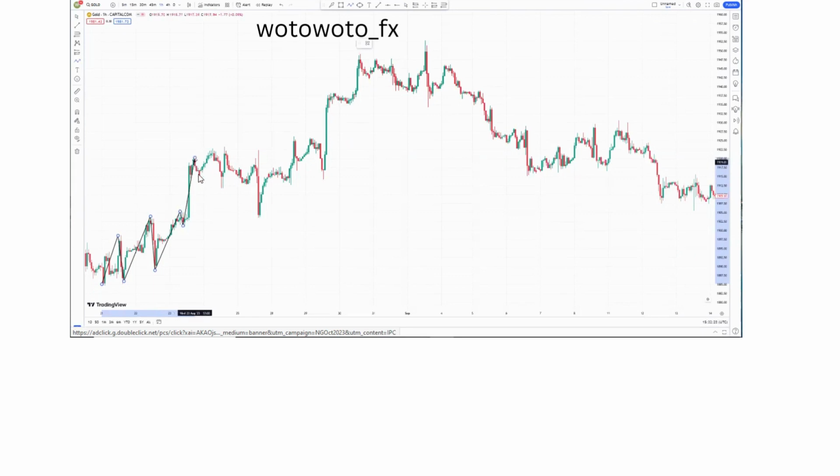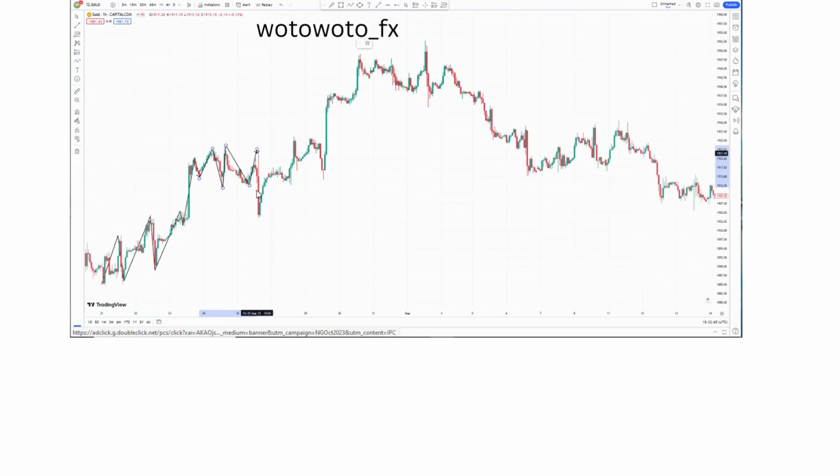So this is what the market has actually been doing. So it keeps tapping, tapping.